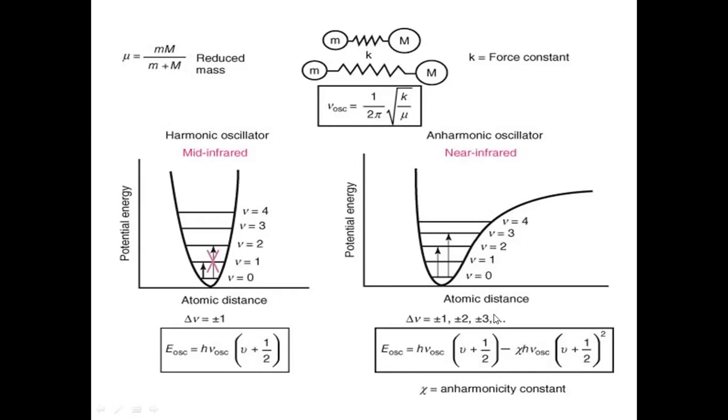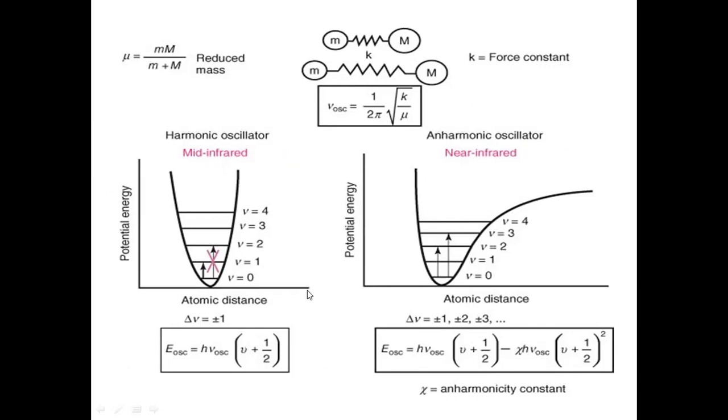If you observe the anharmonic oscillator, as the atomic distance increases, the separation of potential energy from the previous level to that point will decrease. This is the simple observation to understand anharmonic oscillation and harmonic oscillation.